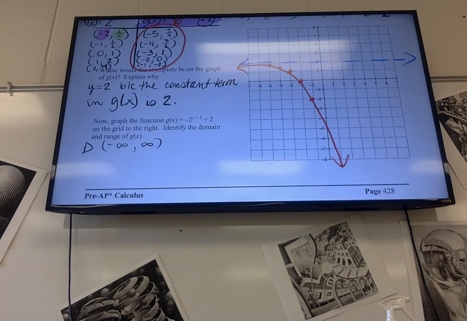The issue comes in with range because these have horizontal asymptotes, not vertical asymptotes. So what's the lowest this graph can be? Negative infinity. And the highest? 2. Does it include the 2? No, because that's an asymptote. It's not supposed to touch 2, so I would use open parentheses. So there's your range.